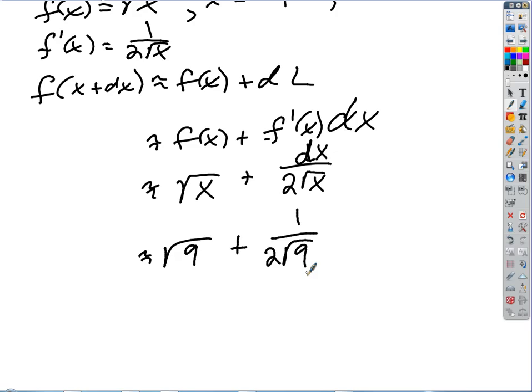You're approximating what? Okay, but it's square root, right? So f of x is going to be just square root of x, or x to the 1/2. Okay, what would the value of x be? If we're trying to approximate this, it'd be 25, wouldn't it? Good, because 25 is a perfect square. And what would dx be then? Negative 1. Yeah.